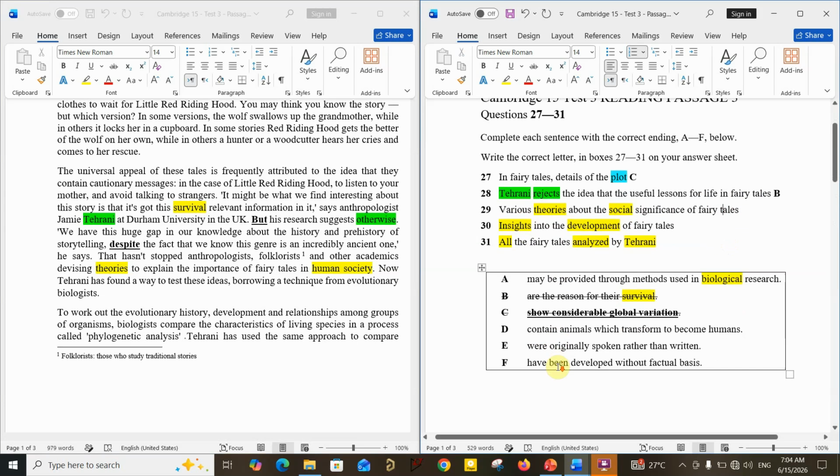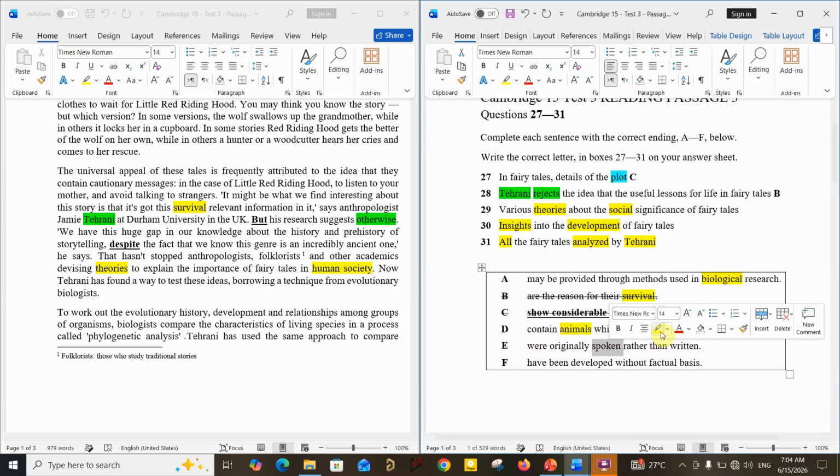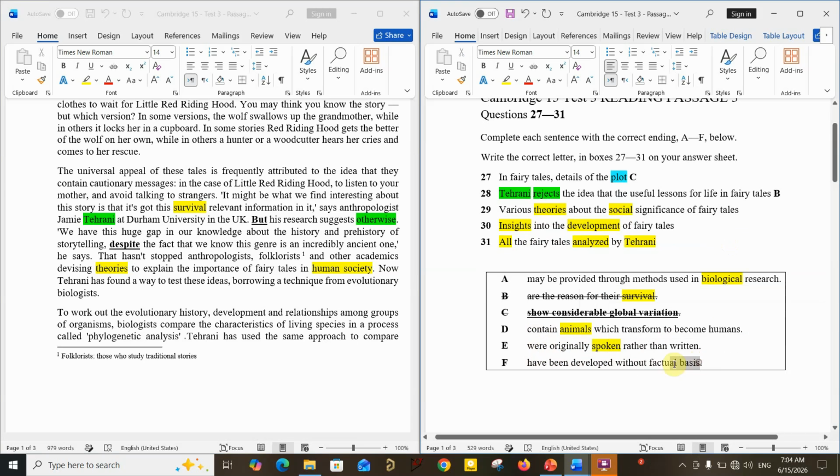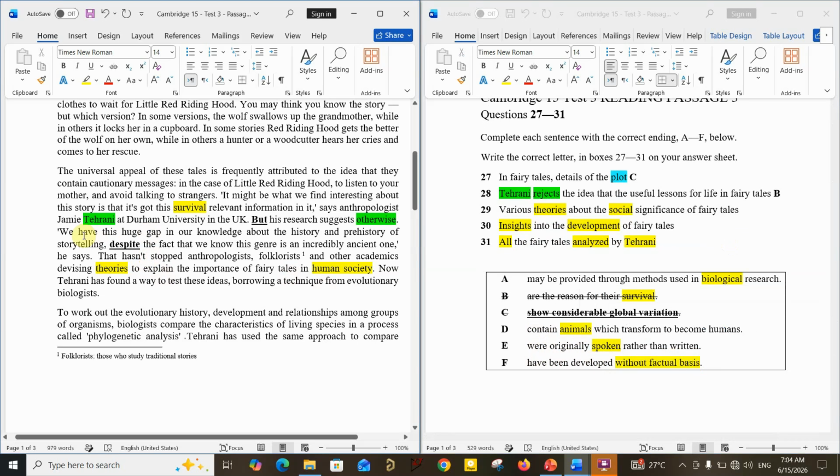Maybe go through the rest of the answers. Contain animals, were originally spoken rather than written, have been developed without factual basis. Without factual basis. Here the previous sentence said that we have this huge gap in our knowledge.